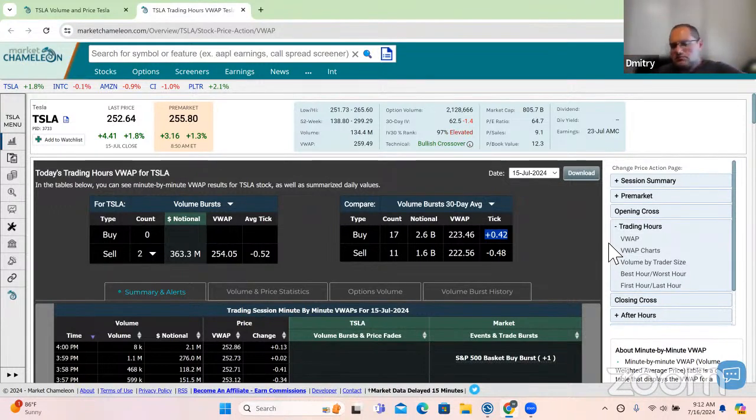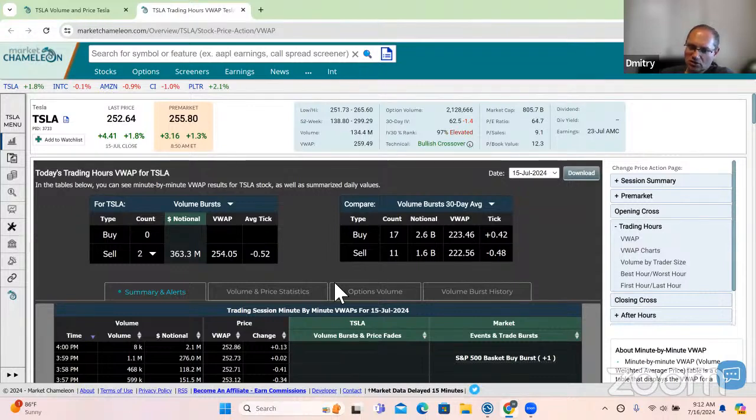So on average, we see about 42 cents impact on the buy side, 48 cents on the sell side. So almost even, a little bit less liquid on the sell side. Yesterday, on average, down 52 cents. Okay. So not much going on as far as that, very light.